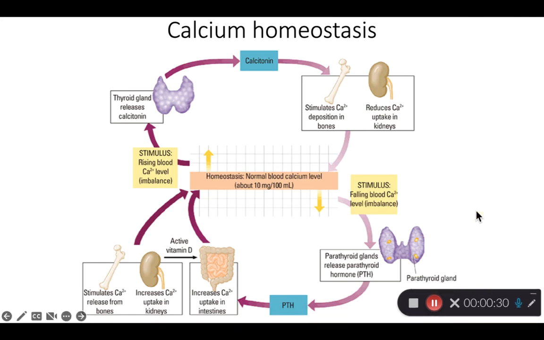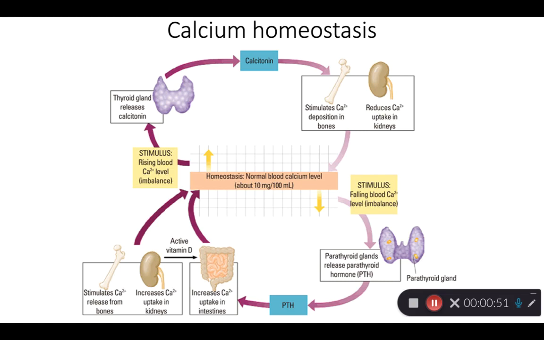So calcium is a vital mineral, not just for bones, but for a lot of other important processes in your body. And we're going to talk about those as the semester goes on, but other than strengthening bone and teeth, you need calcium for proper muscle function.